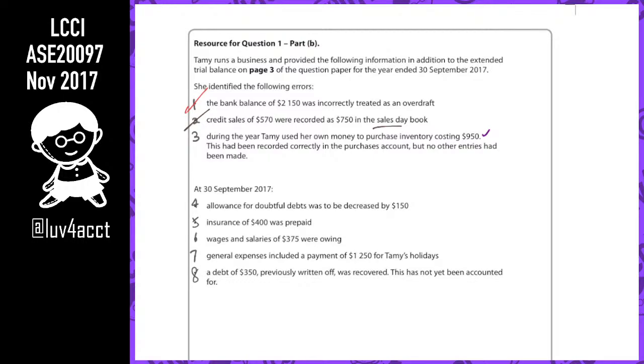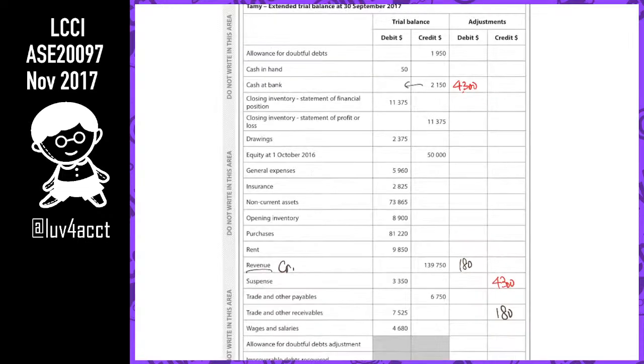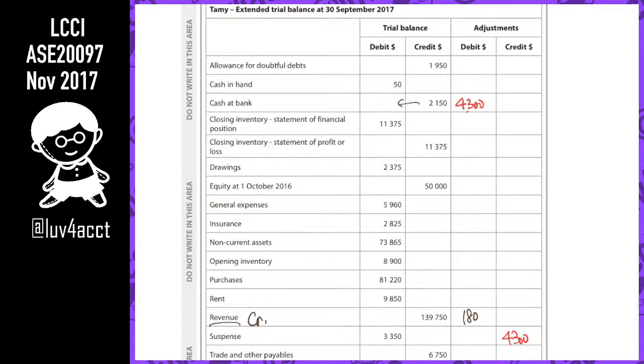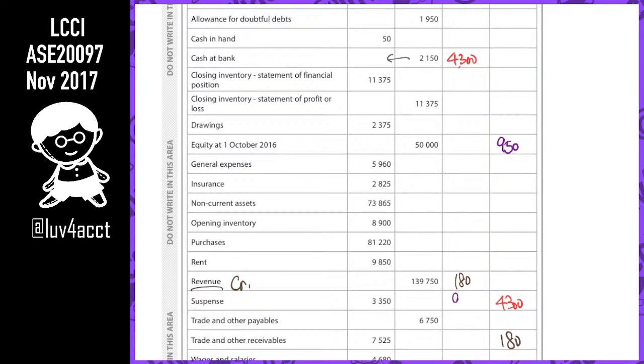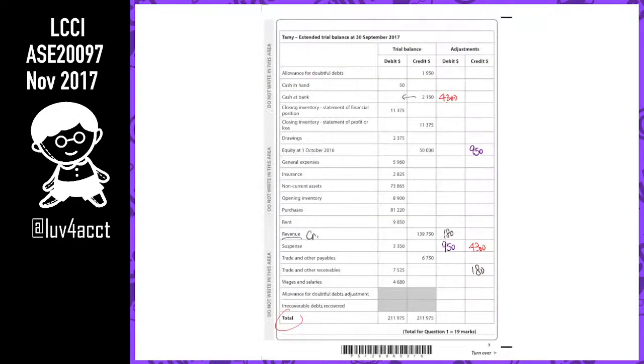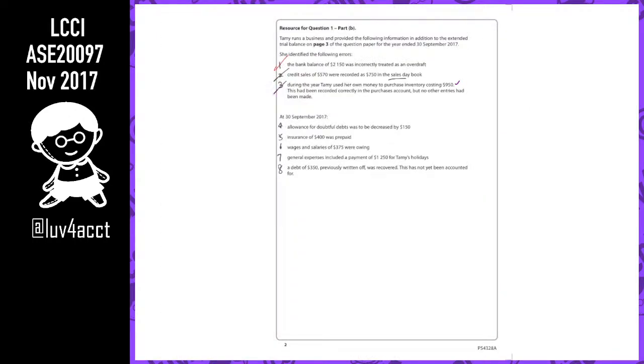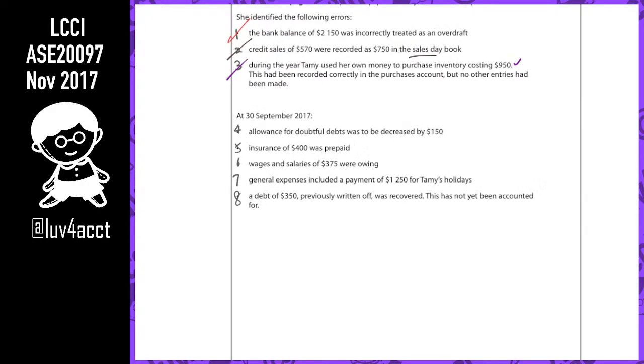But the credit entry is omitted. So 950 goes to equity, 950, and then suspense 950 here. Item 3 done.